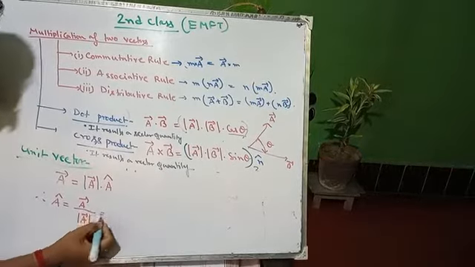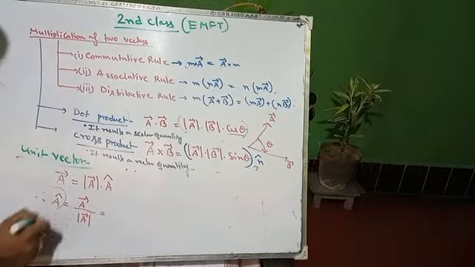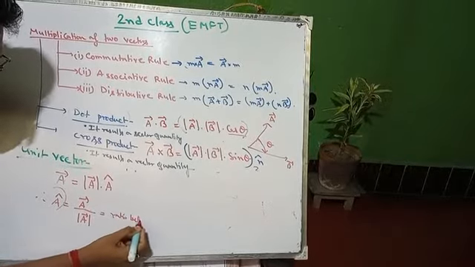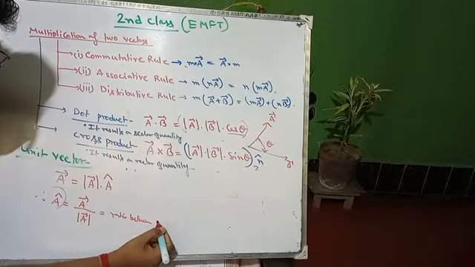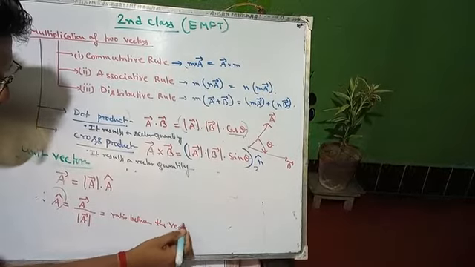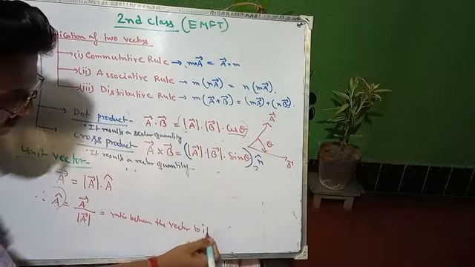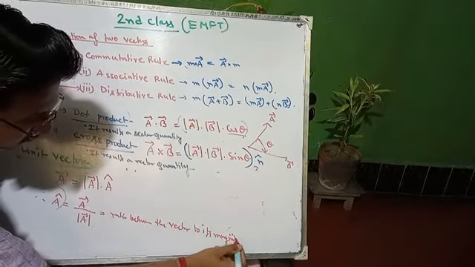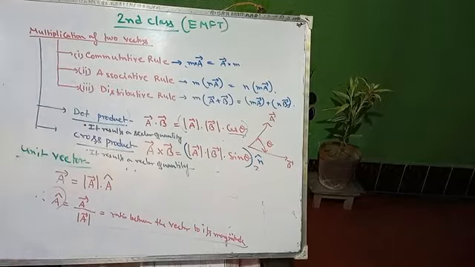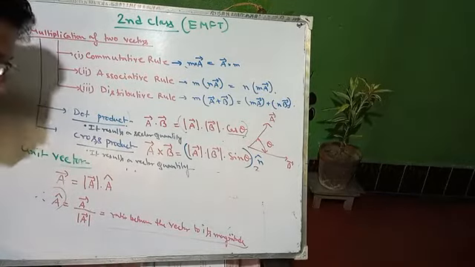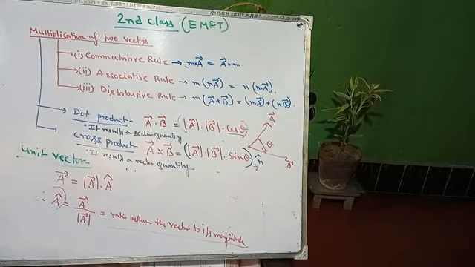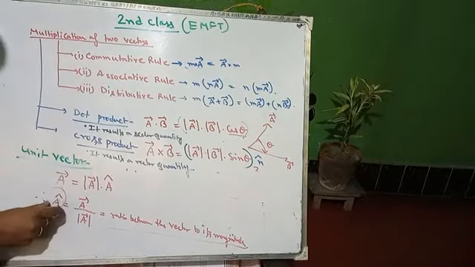So we can represent A cap as the ratio between the vector and its magnitude. A cap means the unit vector.